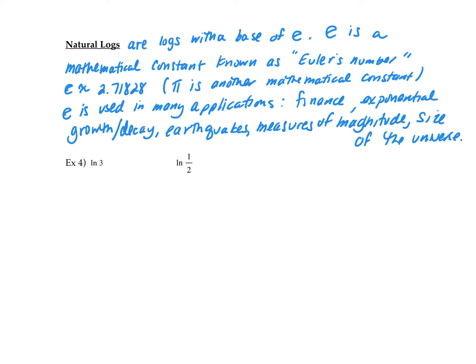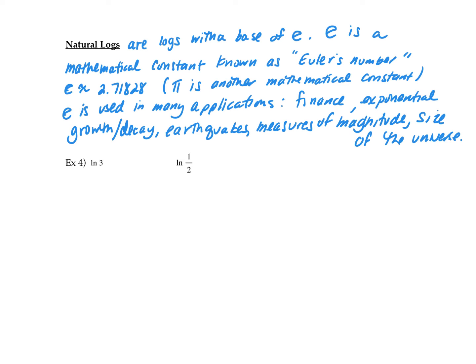All right, natural logs are logarithms with a base of e. Now, you may not have encountered the number e before, but it's a mathematical constant, also called Euler's number. E is approximately equal to 2.71828, and so on and so on.